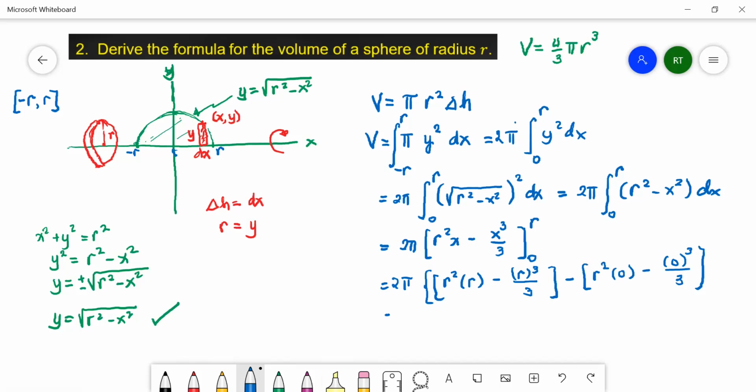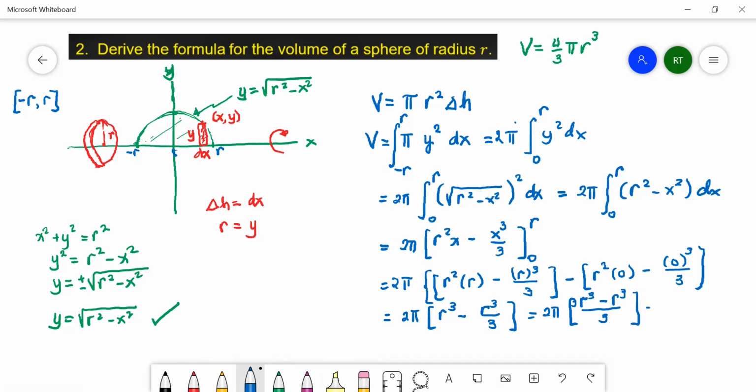Therefore, if we simplify, we have 2 pi times r squared times r, which is r cubed, minus r cubed over 3. Simplifying everything inside the grouping symbol, we can get the common denominator 3. 3 times r cubed is 3r cubed minus r cubed.